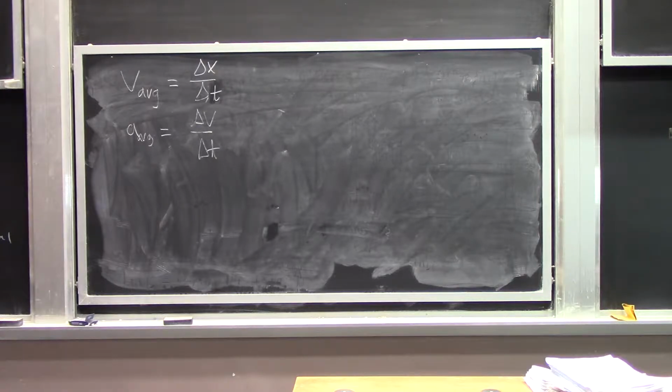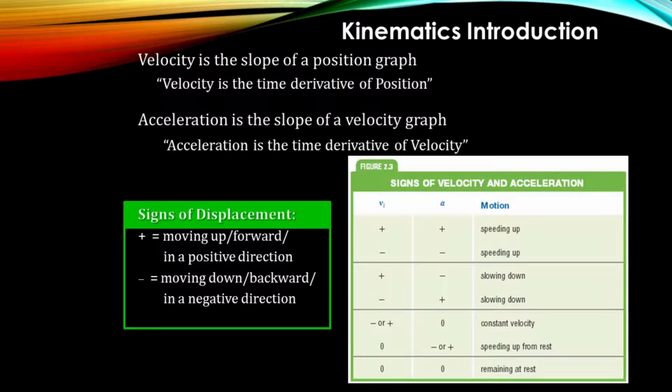Now, some other things that we can say about velocity and acceleration is these quantities can be positive or negative depending on how we're defining a coordinate system. And that tells us, for instance, if something's moving away from you or it's moving towards you, or if something's speeding up or it's slowing down.